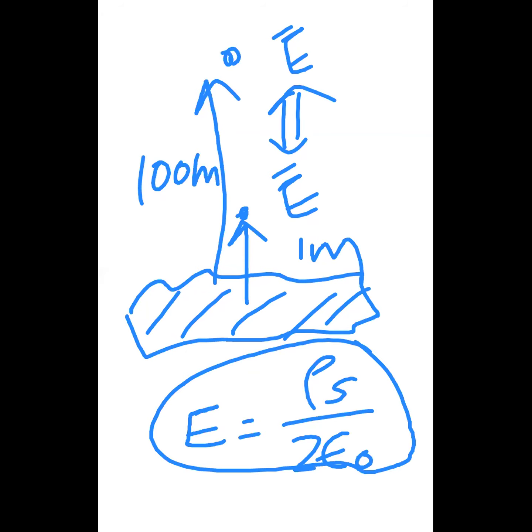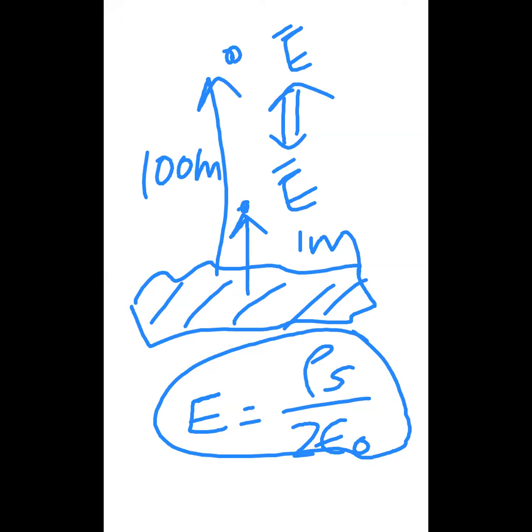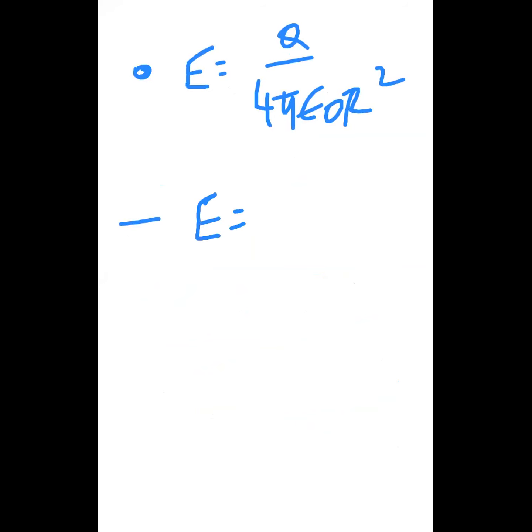First, we will compare all these three formulas. Due to a point charge, my electric field was Q divided by 4 pi epsilon naught R square. Then due to a line charge, my electric field is rho L divided by 2 pi epsilon naught A.